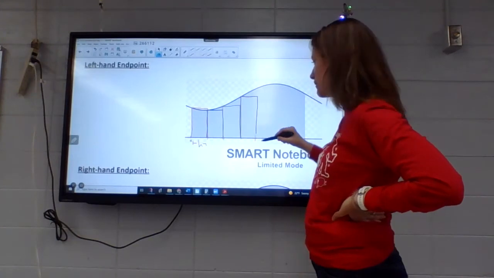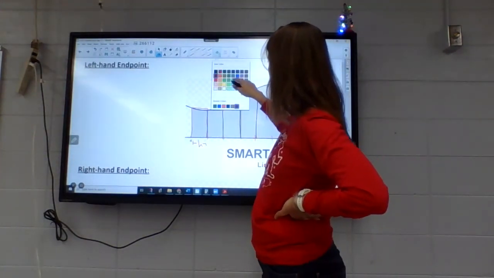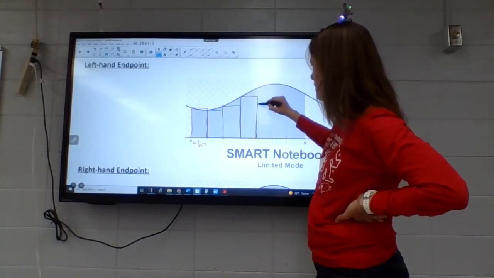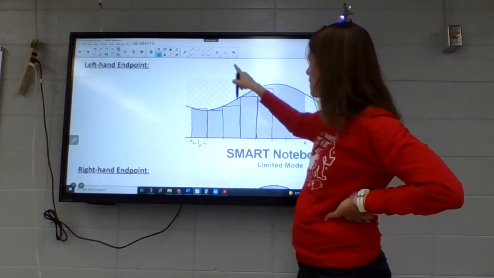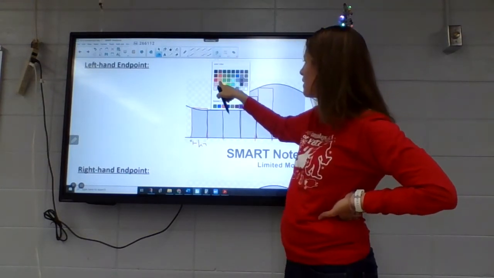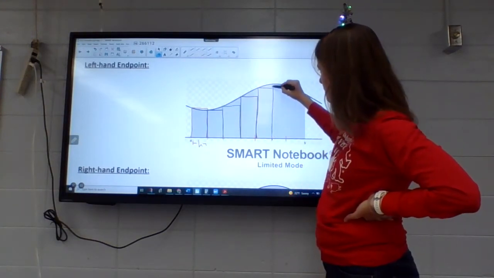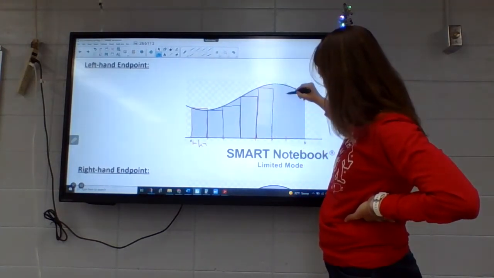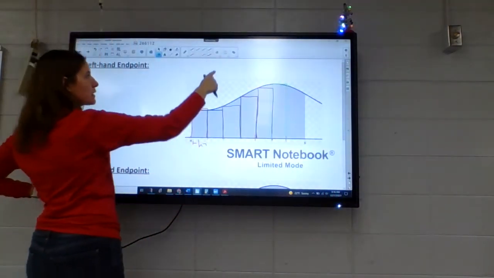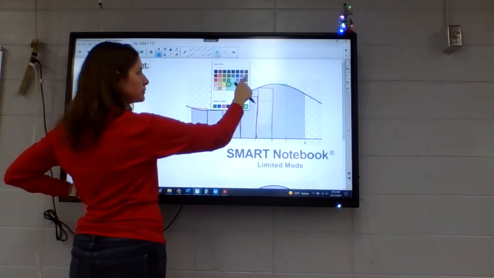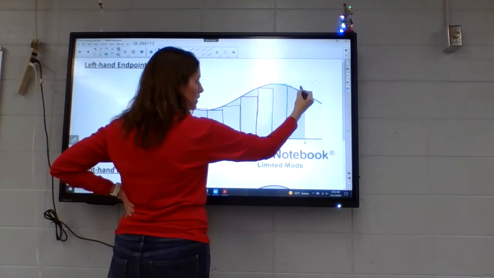That's on the left side, exactly what it sounds like. And we do that basically till the end, or the end of this space we're looking at.